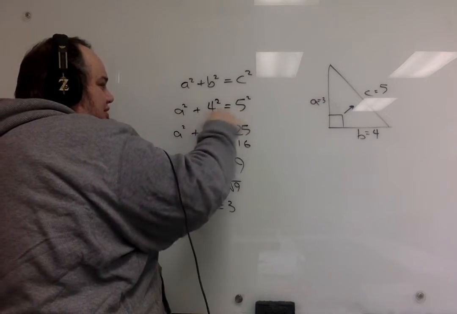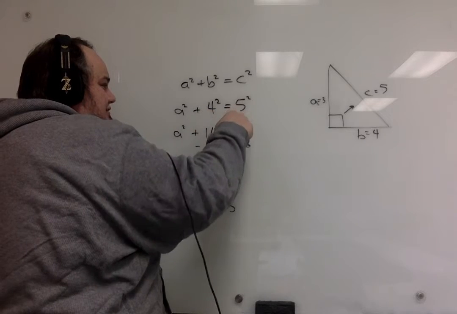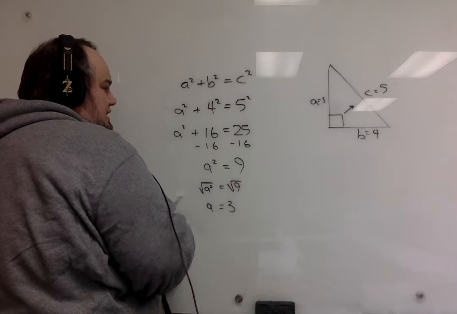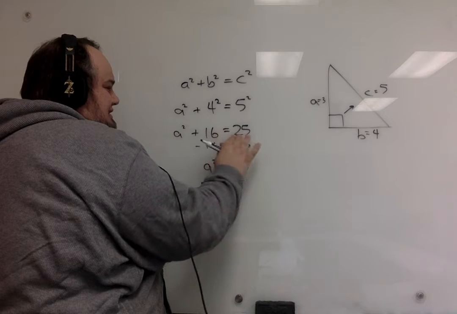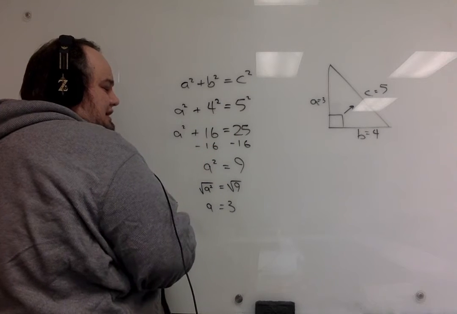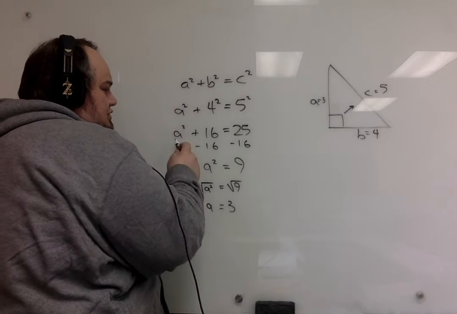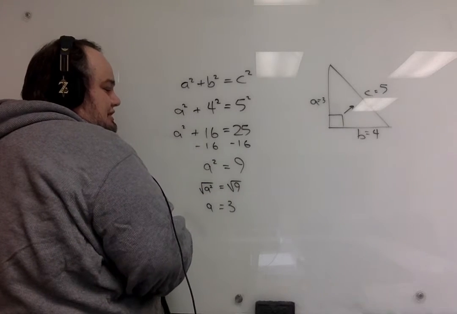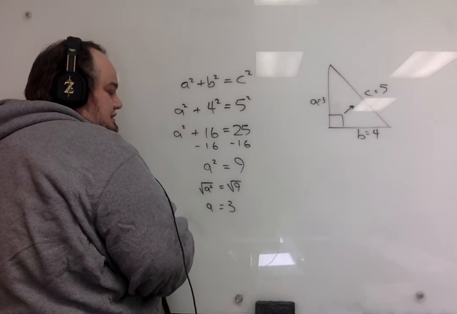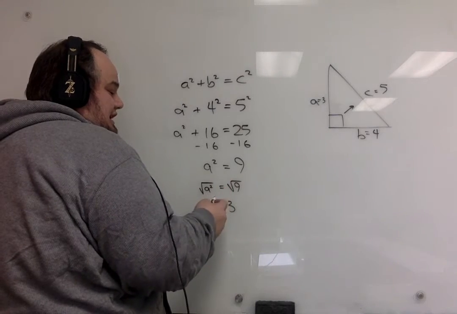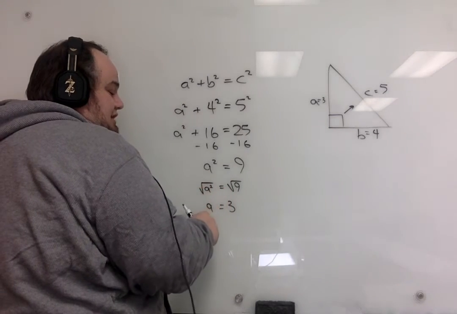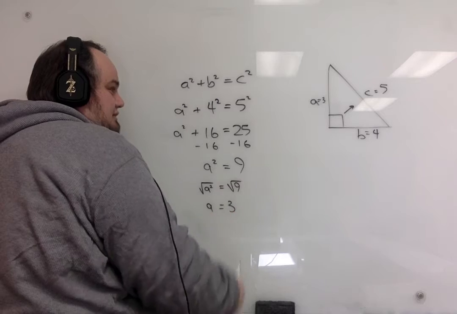We squared both of them, so 4 squared is 16, 5 squared is 25. Then we subtracted 16 because we want to get a squared by itself and then eventually get that to be a. After subtracting 16, a squared is equal to 9. Take the square root of both sides. The square root of a squared is a, the square root of 9 is 3.